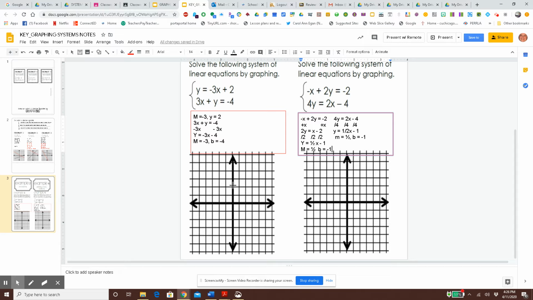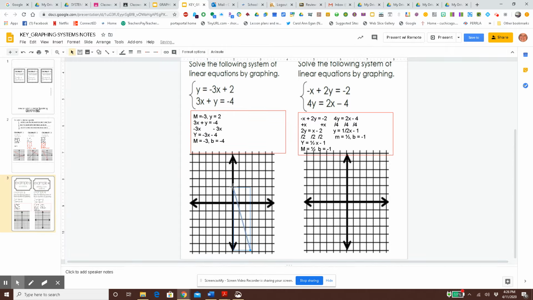So starting at 2, down 3 over a +1, down 3 over a +1. That's what my line's going to look like. So opposite, up 3 and over a -1. And I'm going to give that line black color, make it a little thicker.